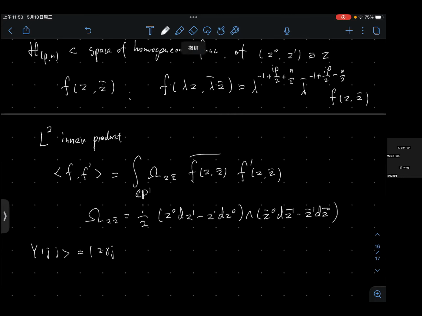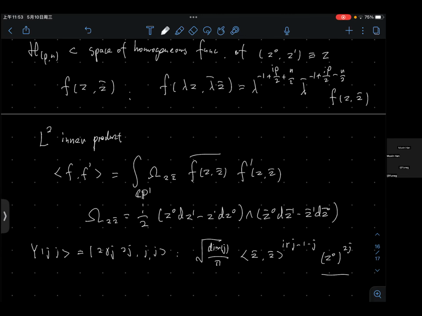This is the state corresponding to a homogeneous function, and the result is given by this dimension j divided by pi. The nice thing is that it has two factors. One factor is just making up the scaling property, and the other factor is completely SU2.